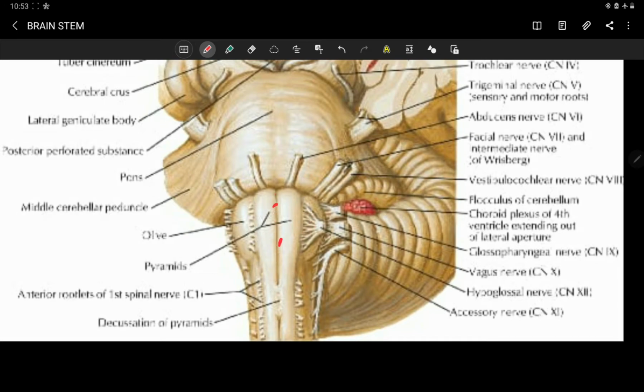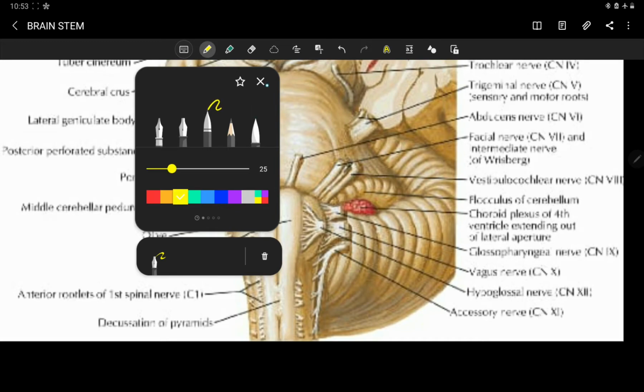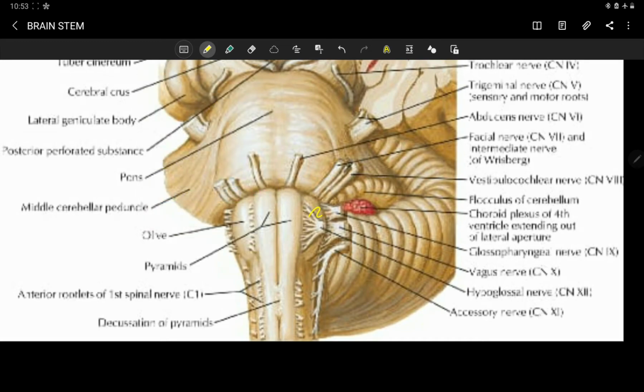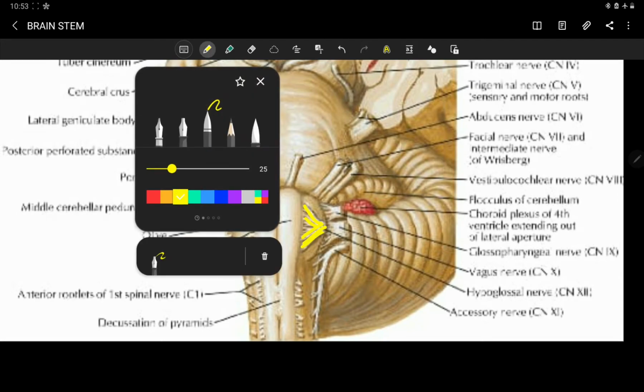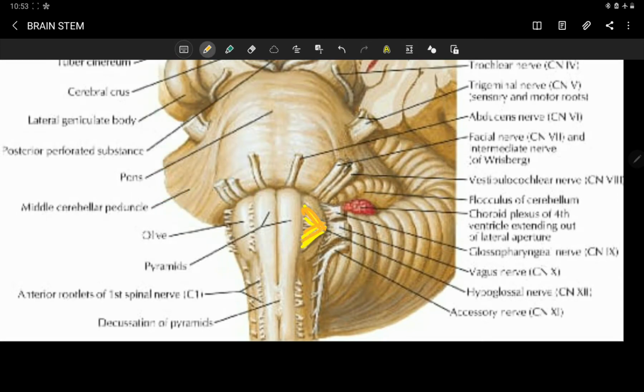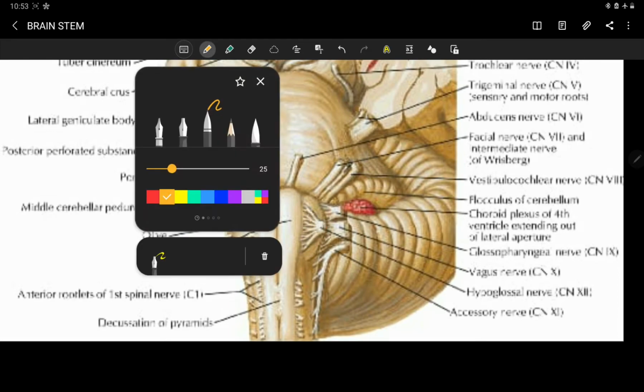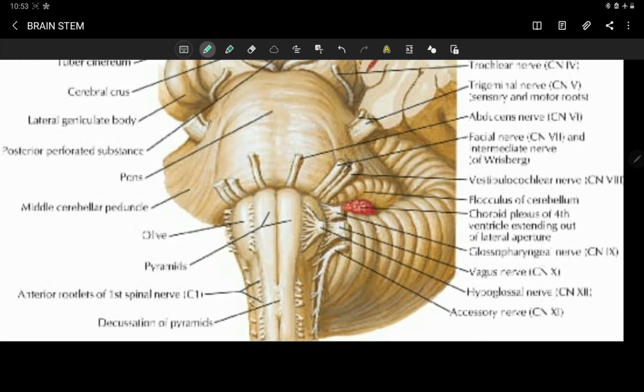Now I am going to discuss this. Here you can see the 12th cranial nerve. I am highlighting the 12th cranial nerve with yellow. This 12th cranial nerve is emerging out in between the pyramid and olive.